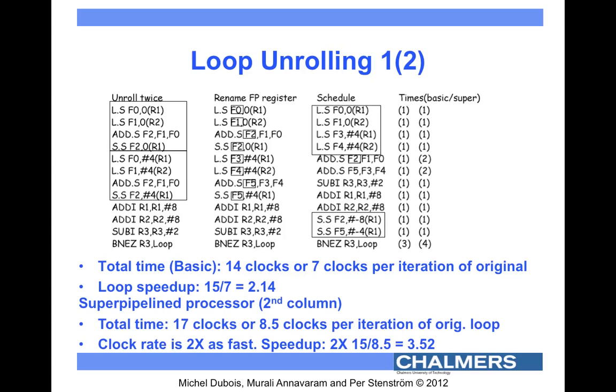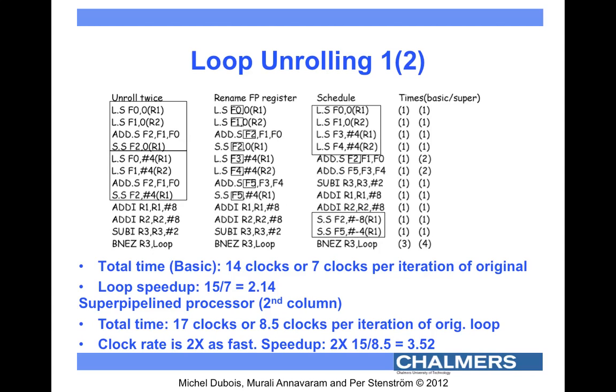Now considering the super pipeline processor, again, the second of the 2 columns with the stall cycles, the total time counted in clocks will be a little bit more. It will be 17 clocks, corresponding to 8.5 clocks per iteration of the original loop.